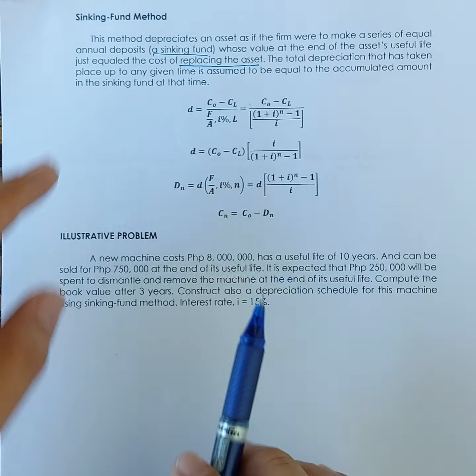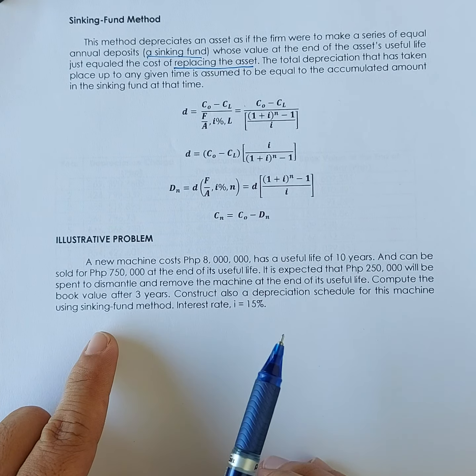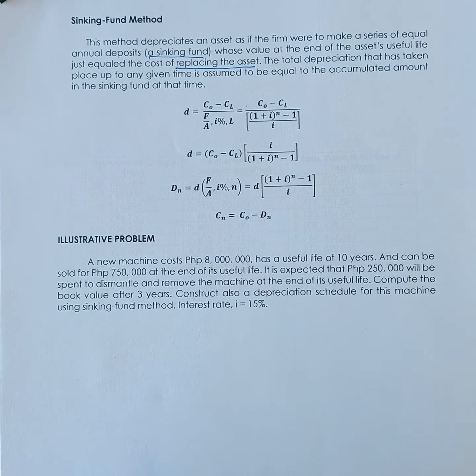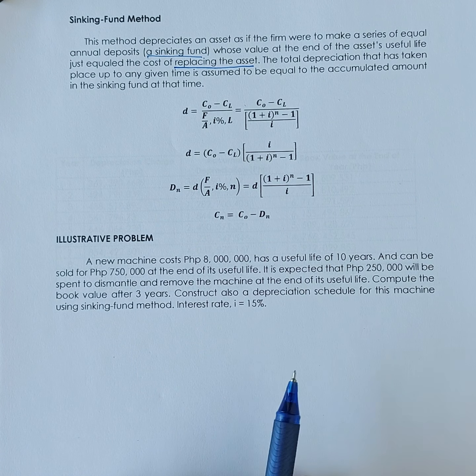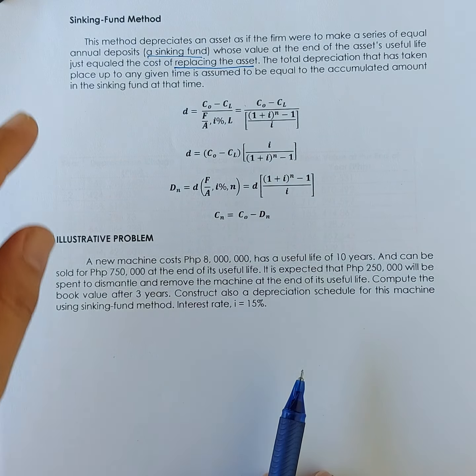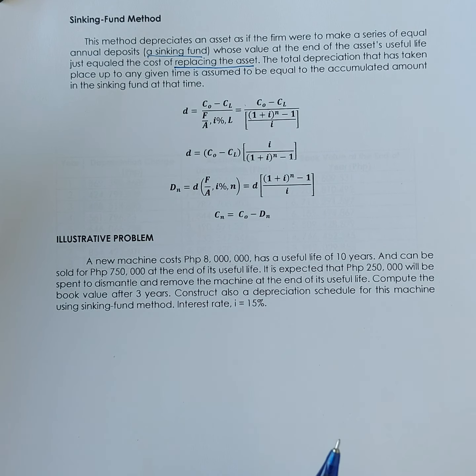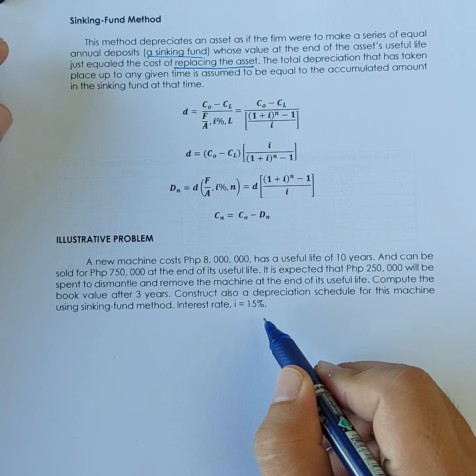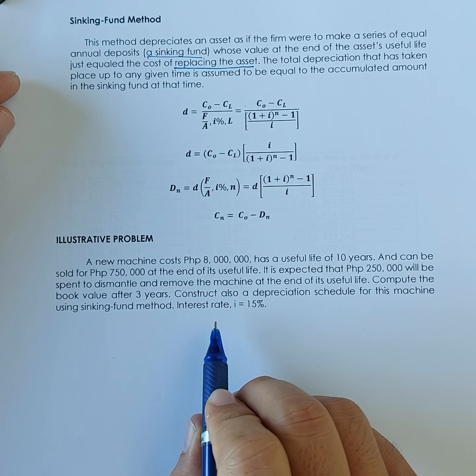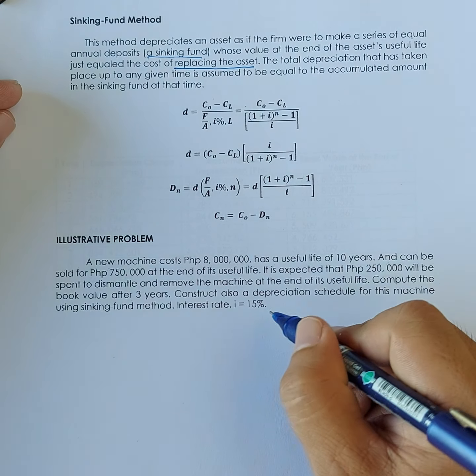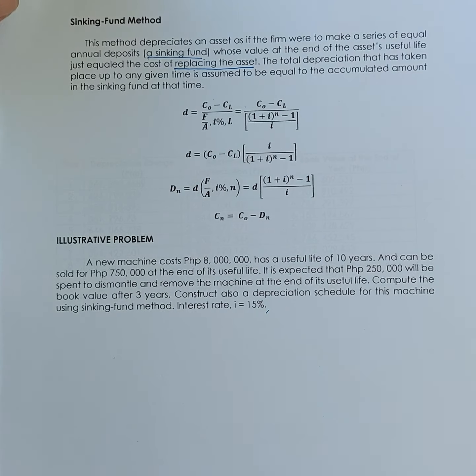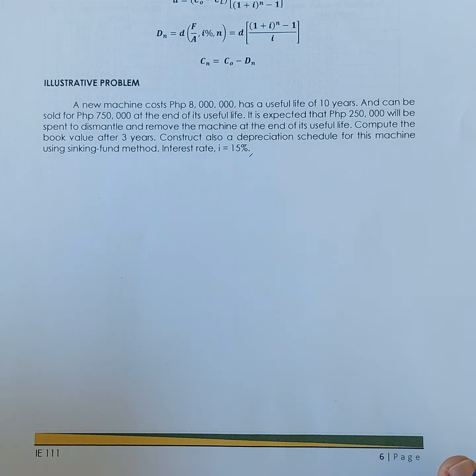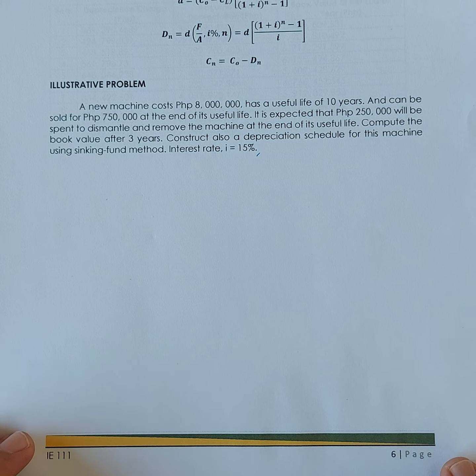So we're going to solve the same problem kanina sa straight line method para ma-compare natin. Of course, we need an additional given na since gagamit tayo ng sinking fund method, kailangan natin ng interest, ano? And in this case, we're going to assume that the interest rate is 15%. Okay? So, babasahin ulit natin yung problem para mas maintindihan natin.